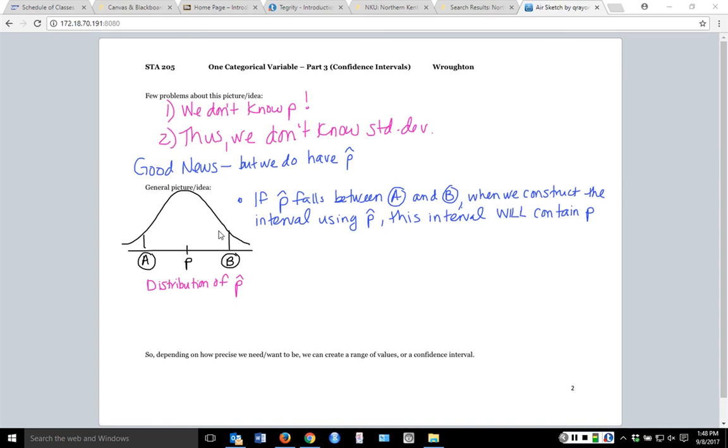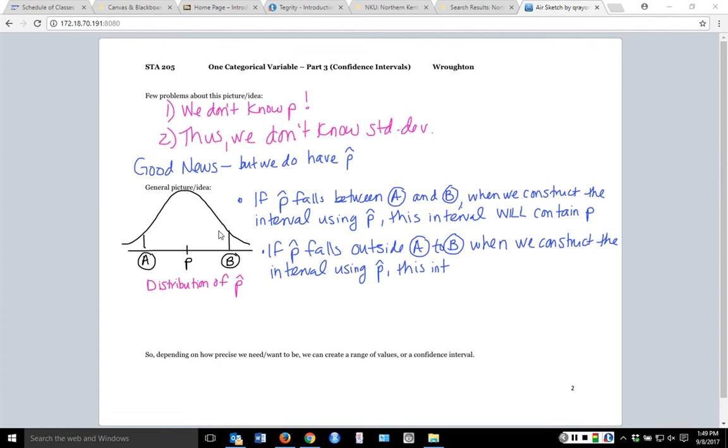Now, if the opposite were true, so if P hat is not between A and B, when we construct our interval, it will not contain P. Since if I was way out here, if I go out my 2 standard deviations, I'm not going to quite make it to P. It's not going to be inside my interval.